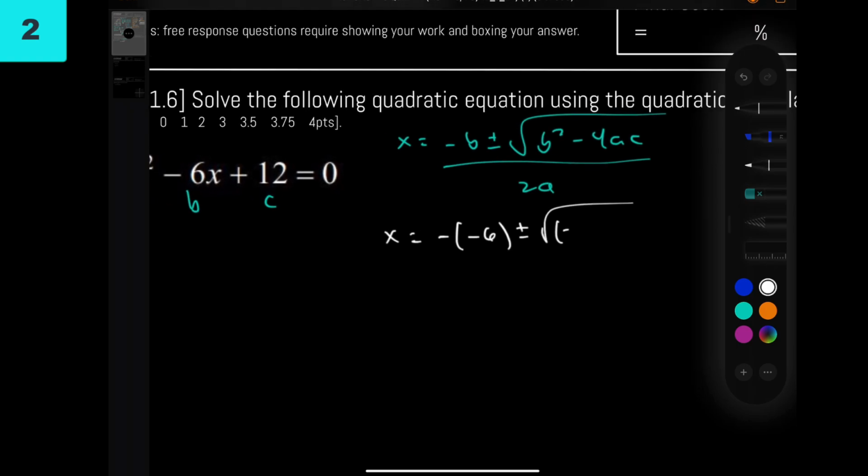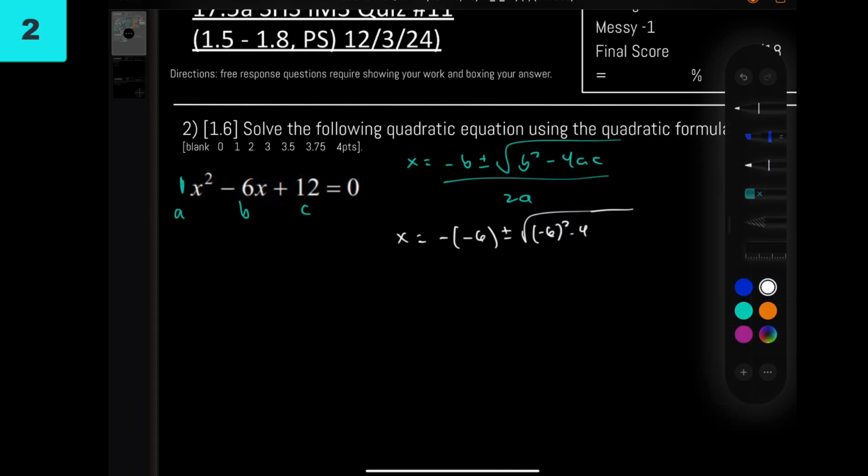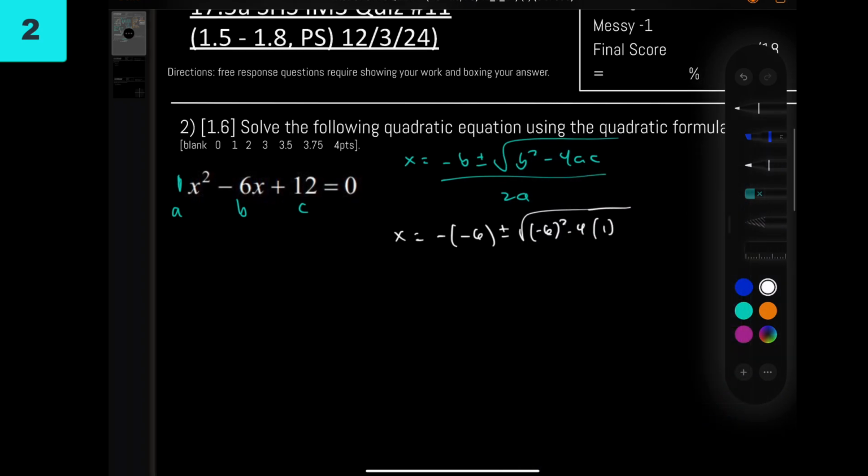A value is 1. And C is 12. 2 times 1. That becomes positive 6. 36. That becomes all negative 48.